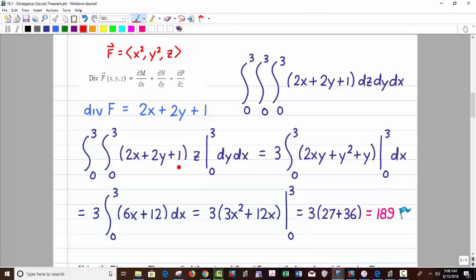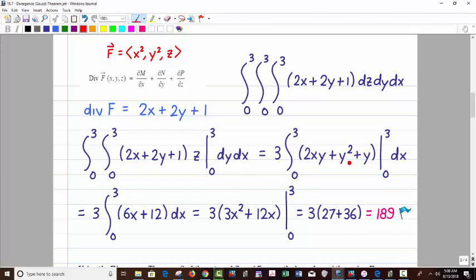Now, since I have y's in there, I've got to integrate with respect to y with each term. So 2xy, the antiderivative of 2y would be y squared, the antiderivative of 1 would be y. Then we plug in 3 and 0 for y, and we will end up with 6x plus 12.